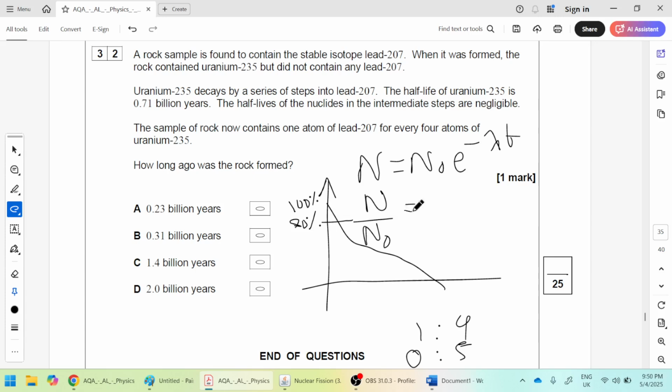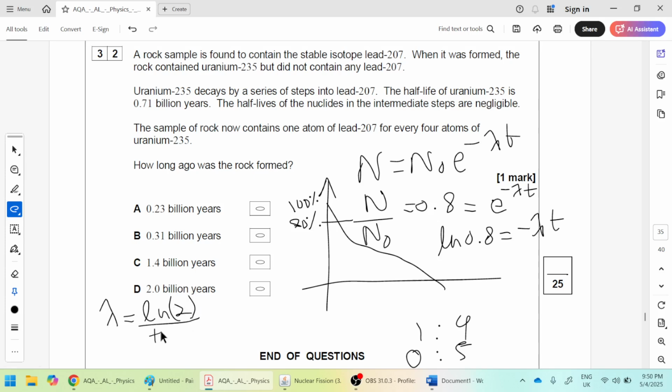Okay. That's going to be equal to e to the power minus lambda t. Taking logs of both sides, ln 0.8 is equal to minus lambda t. In order to find t, I need to know lambda. How do you figure out lambda? Lambda equals ln 2 over t half.